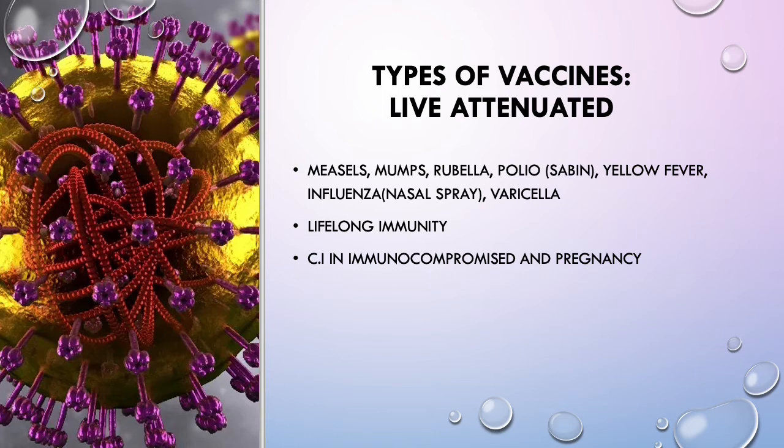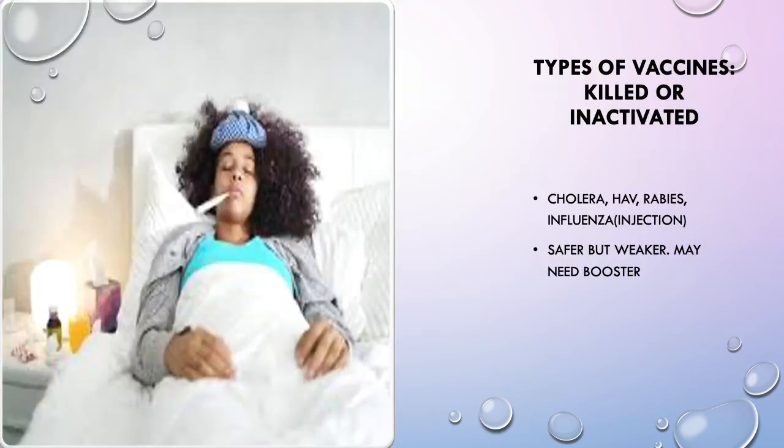So our next group of vaccines are the killed or inactivated vaccines. Here we have cholera, hepatitis type A, rabies, and our influenza injection type vaccine. These vaccines are killed and inactivated, but they maintain the epitope, and the epitope is a part of the antigen that is recognized by the immune system.